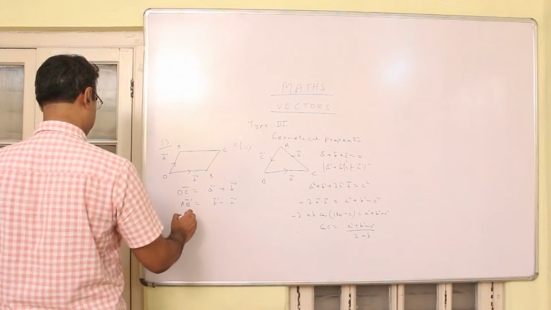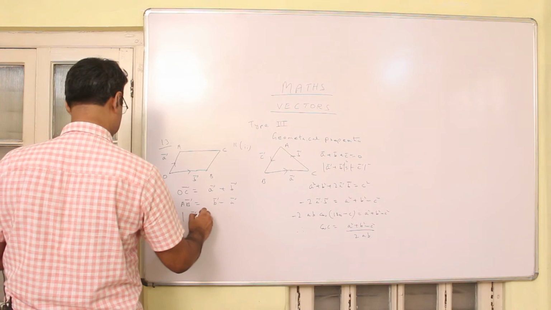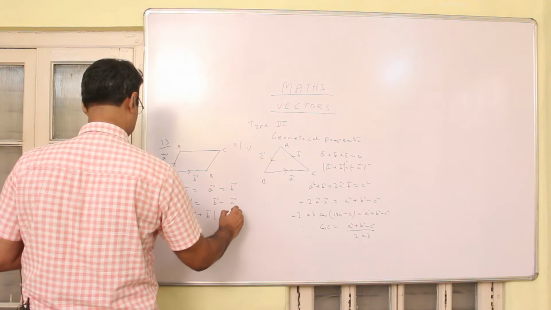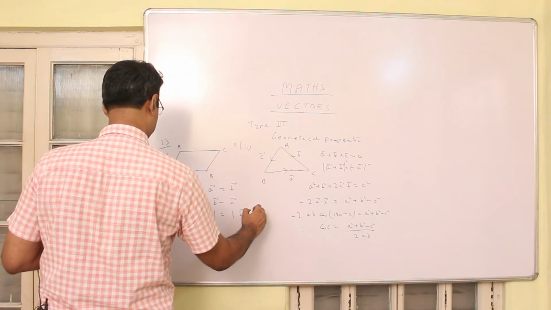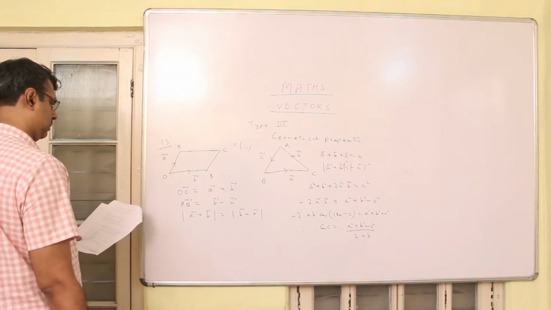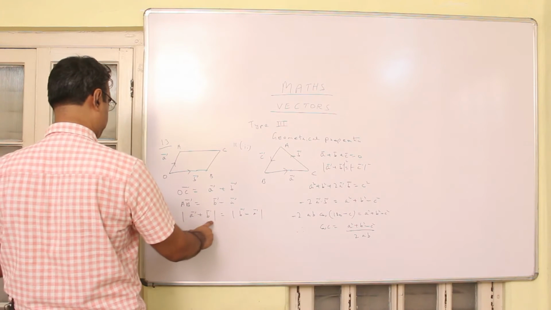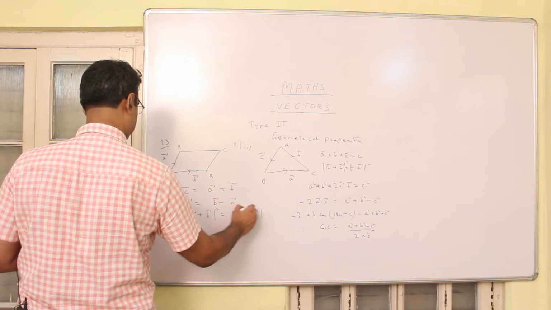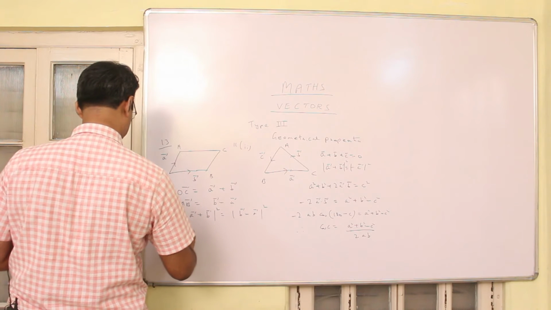Now if the two diagonals are equal, then we are getting modulus of A plus B equal to modulus of B minus A. Now you square both sides.